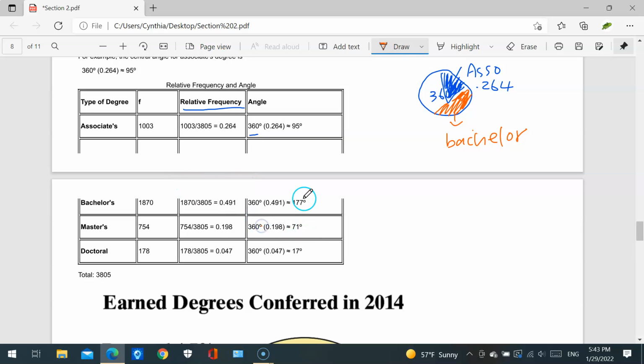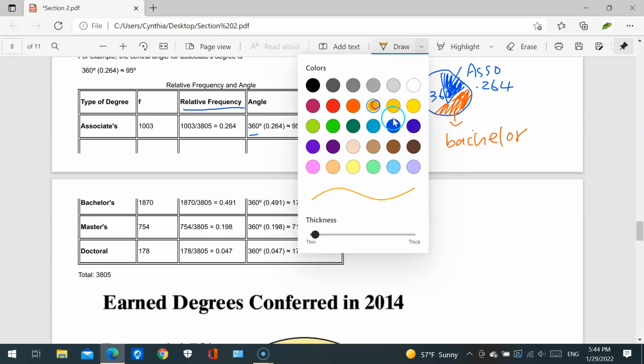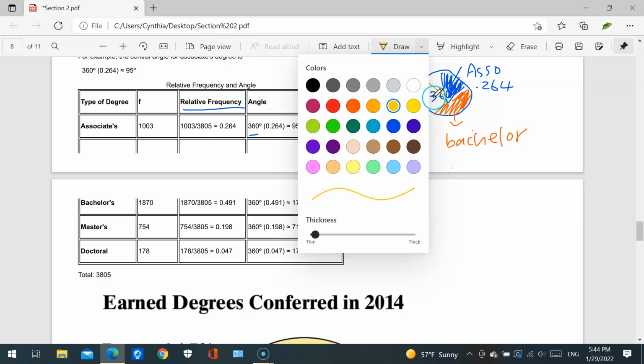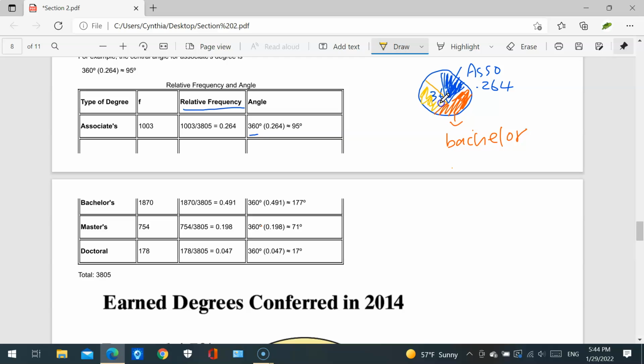Master has 71 degrees, which is less than 90 degrees. So we take about something like this. Okay, let me change the color. So here we'll represent the master degree. And then the remaining white color here represents the doctoral degree.